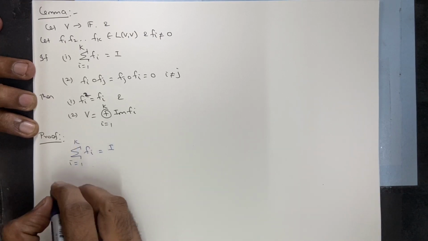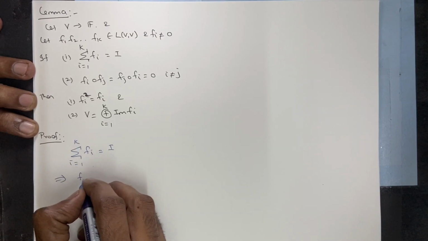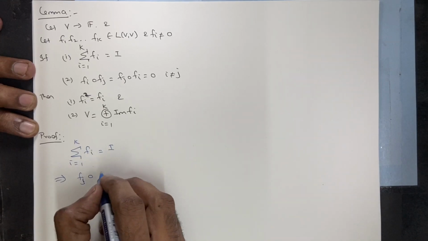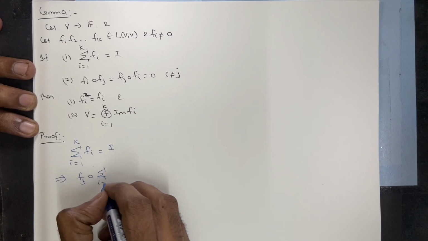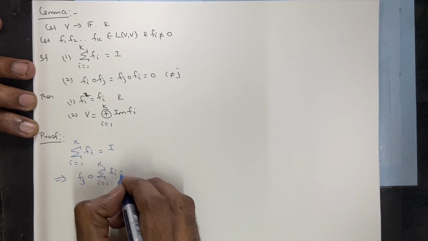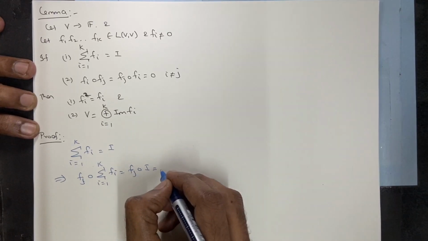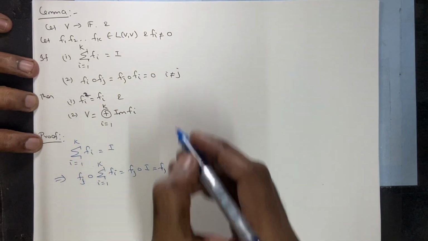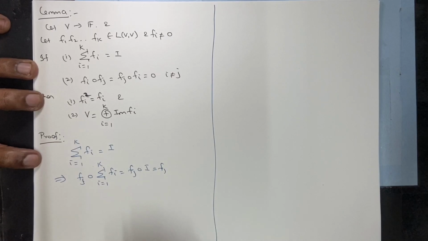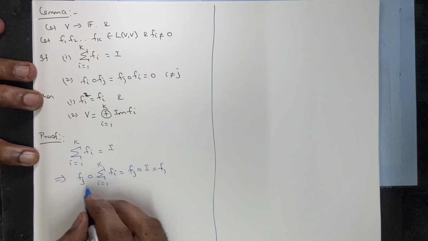Since composition is a function, this implies Fj composition the sum of Fi, i running from 1 to k, is Fj composition I. But Fj composition I is Fj, because I is the multiplicative identity.